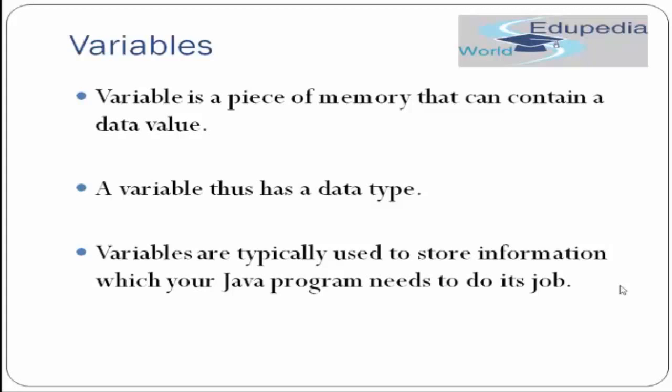Each variable has a data type, and that data type determines what kind of value this variable can store. Variables are typically used to store information which your Java program needs to do its job. So you need to create a variable which can be used in your Java program.